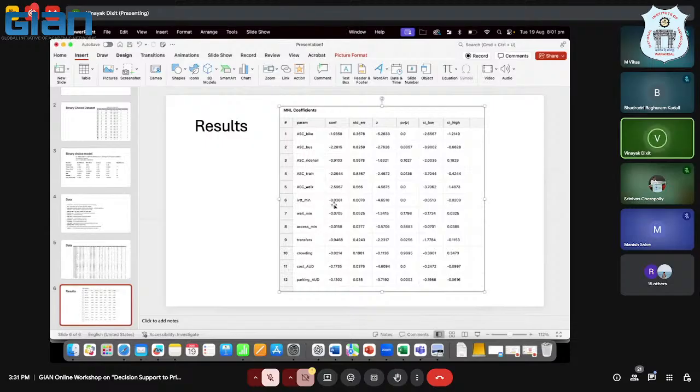But what I have is betas, which is basically associated to in-vehicle travel time, wait, access, transfers, crowding, cost, parking. So all of these parameters, the coefficients, will be the same across bike, bus, ride hail, train, walk, and car. The betas will be the same, but the constants are different.